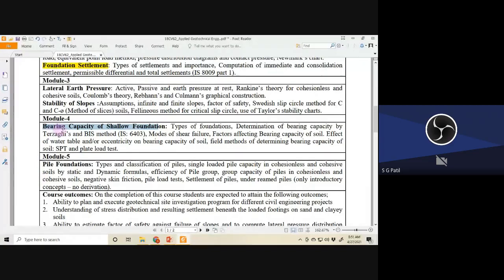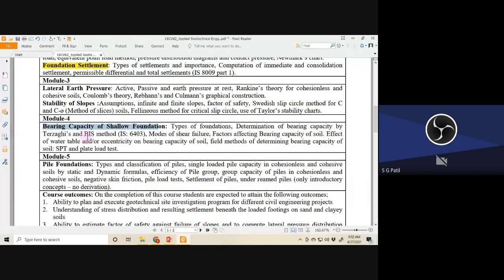They cover the bearing capacity of shallow foundations and then pile foundations. In bearing capacity, we'll see there are some IS codes, IS 6403. Based on that, we will arrive at the bearing capacity of shallow foundations depending on the available shear strength parameters of the soil.